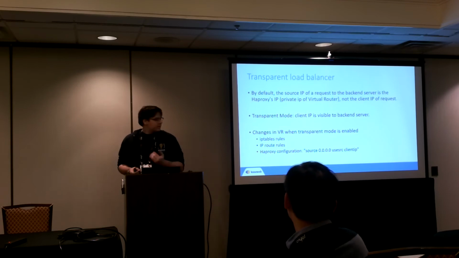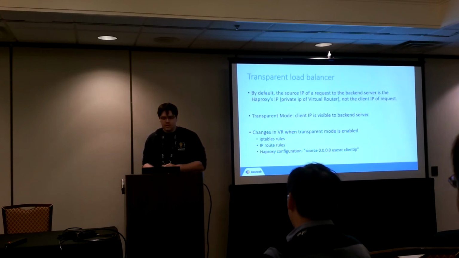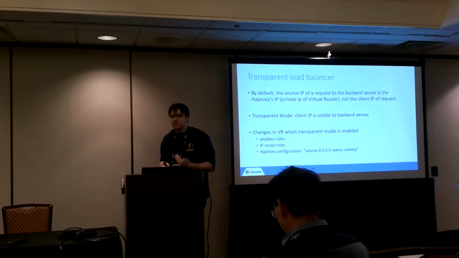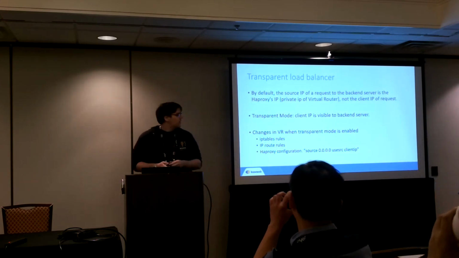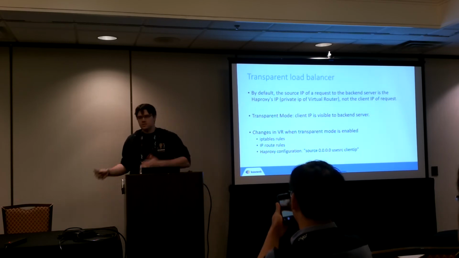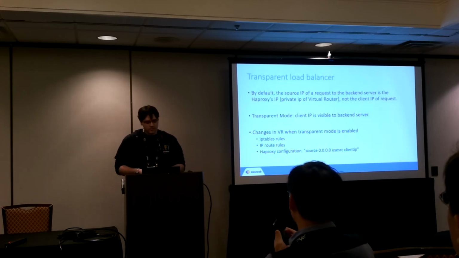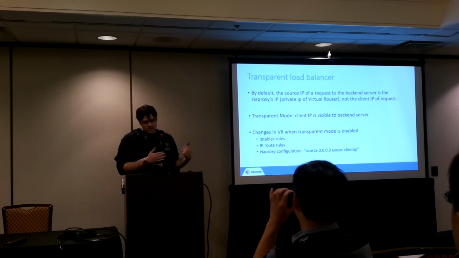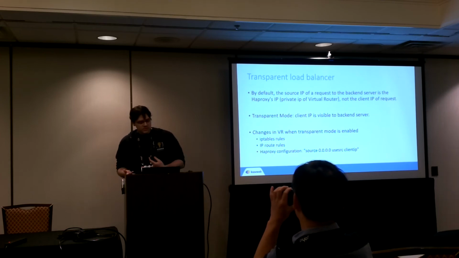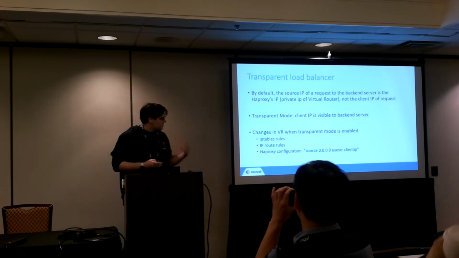So we implemented support for transparent networks, and that allows our clients to see the actual IP coming into their web server from the load balancer. That allows them to track stats for Google Analytics or any kind of analytics services, which ended up helping our customers quite a bit. And the way we did this is changing iptables rules, IP route rules, and also, obviously, the HAProxy configuration.